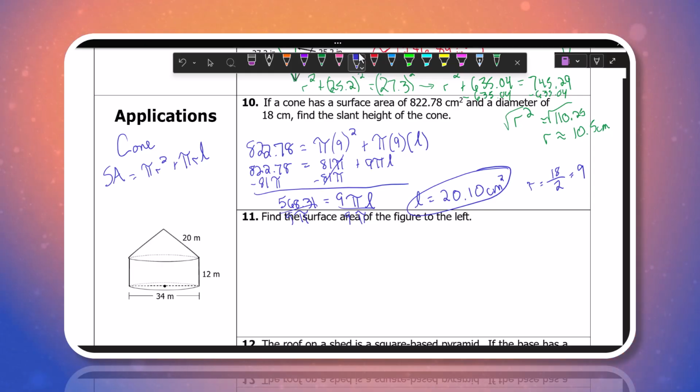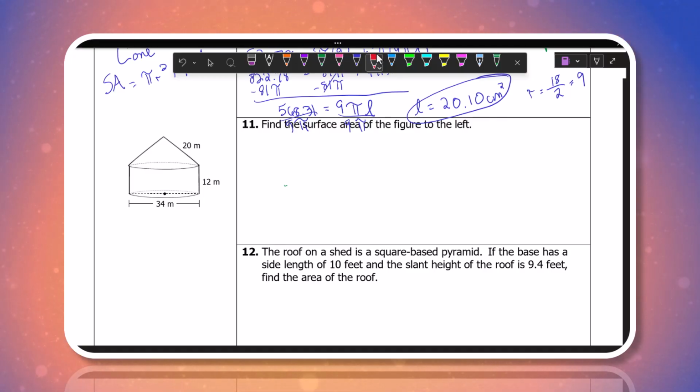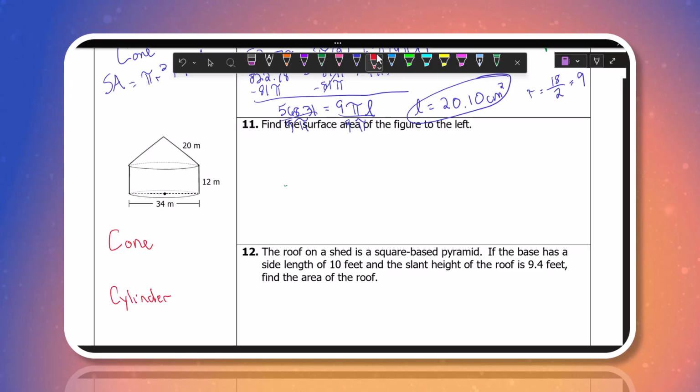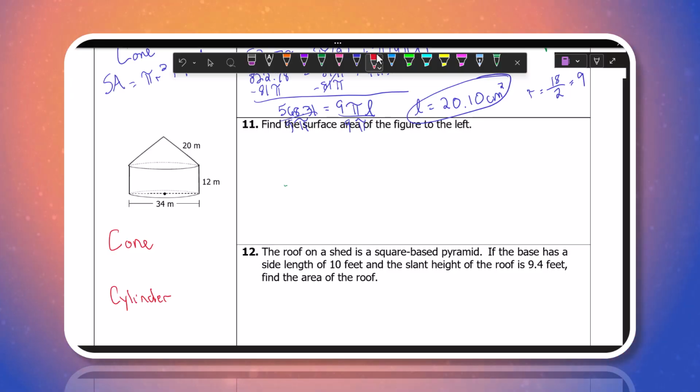We had to work backwards, and then we had to solve an equation. Nothing super crazy. All right, let's take a look at number 11, surface area of the figure to the left, that cool kind of looking thing. So we have a cone stacked on top of a cylinder. Now we just want the lateral area, so the first part of our formula for the cone.